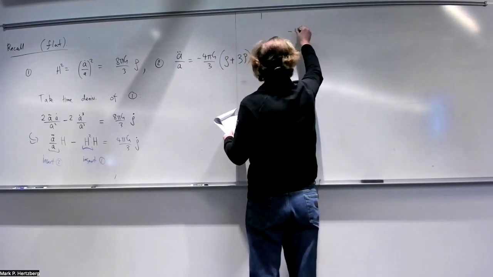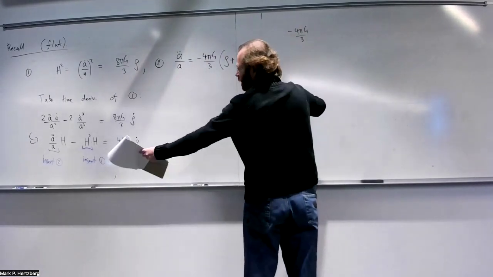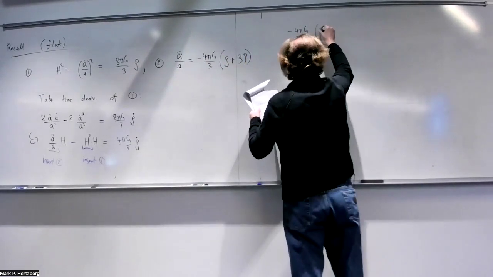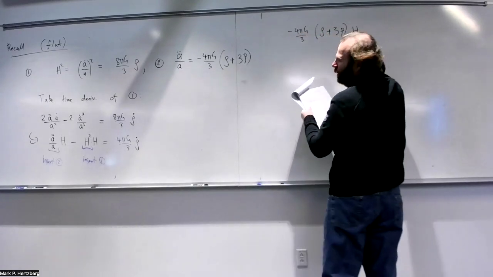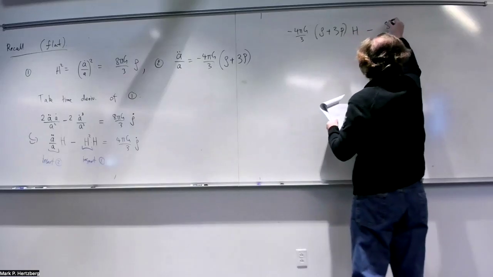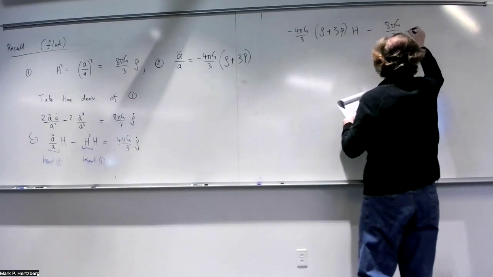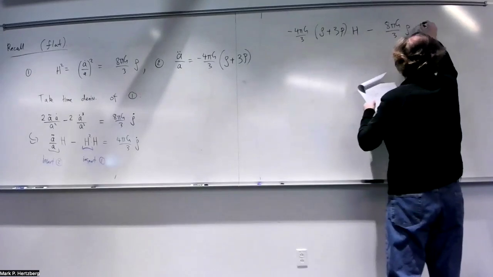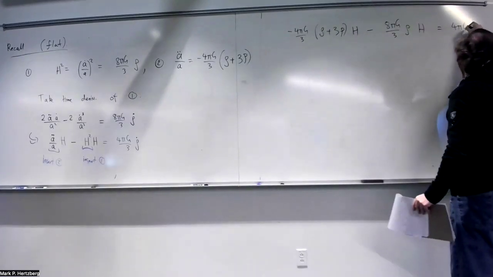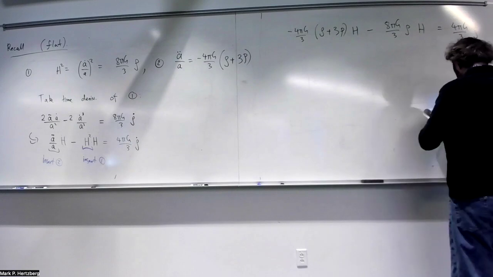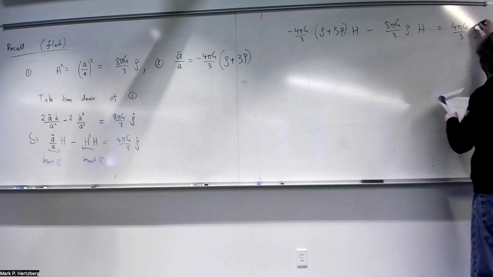I get minus 4 pi G over 3 from that first term, rho plus 3p. And there's a Hubble left over. And then the second term, 8 pi G over 3 rho and a Hubble left over. And then the right-hand side is this with the dot.